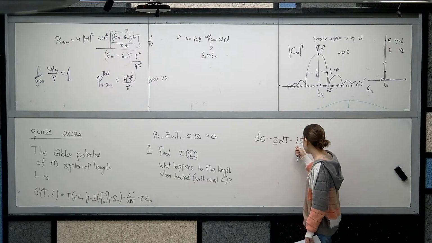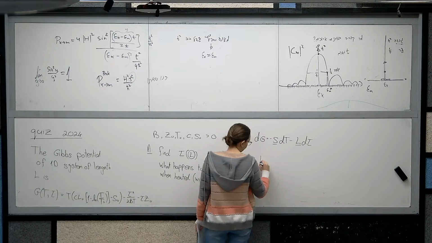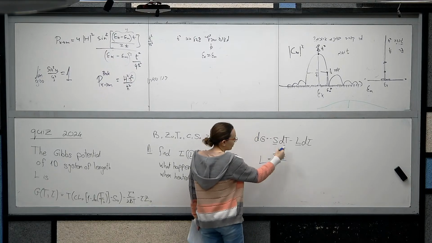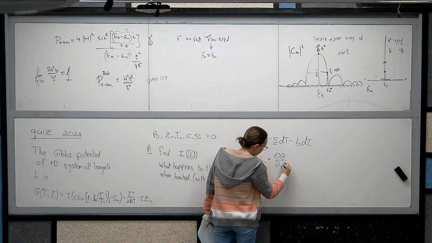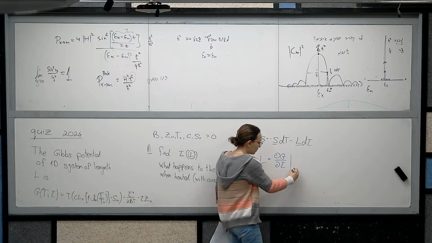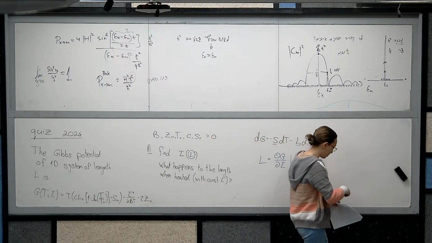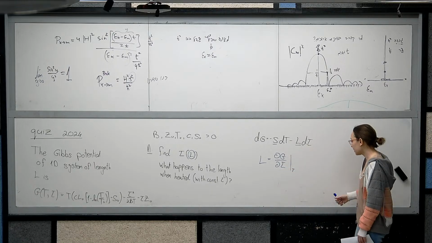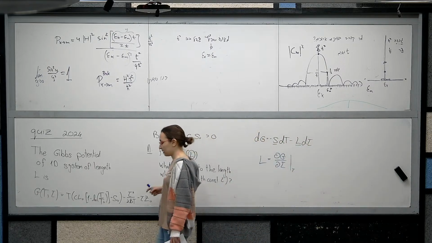So we will find L using L equals the derivative of G relative to tau while T is constant. So dT will be equal to 0, and then this is correct. And from this we will extract tau.